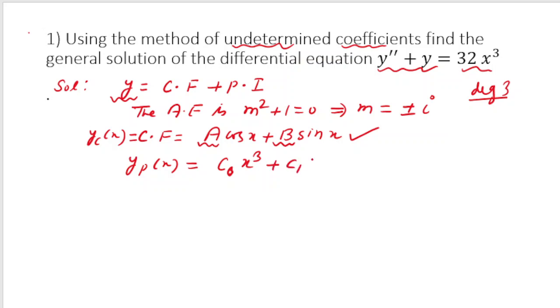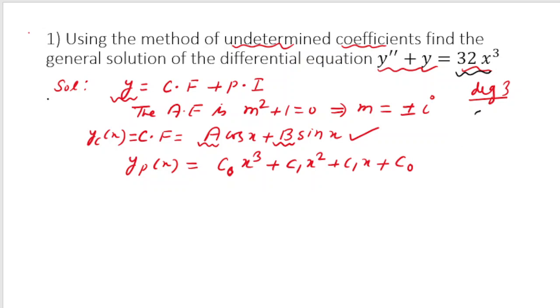It will have all other terms of degree less than 3, means a term of degree 2, a term of degree 1, and a constant term. One thing I want to highlight here is that the right hand side was 32x cube, a polynomial of degree 3, so I have selected a polynomial of degree 3.